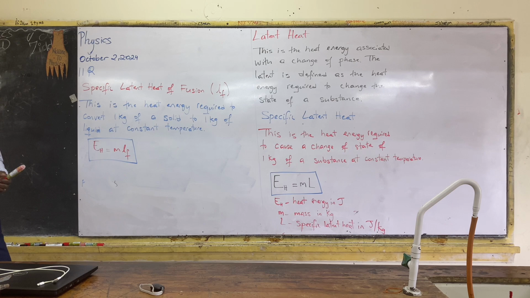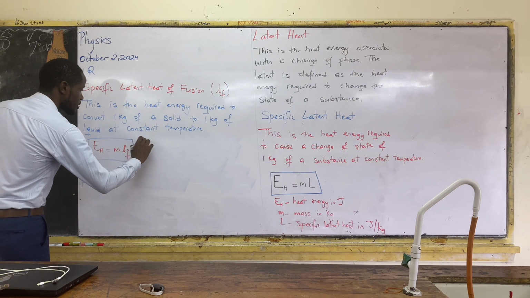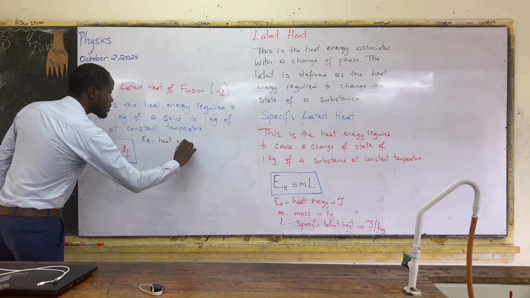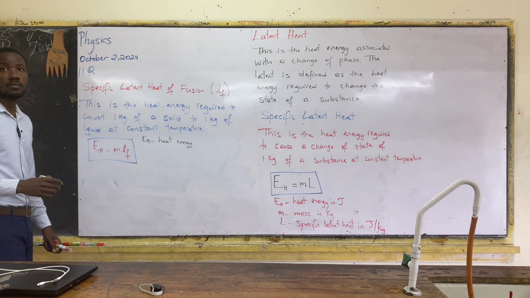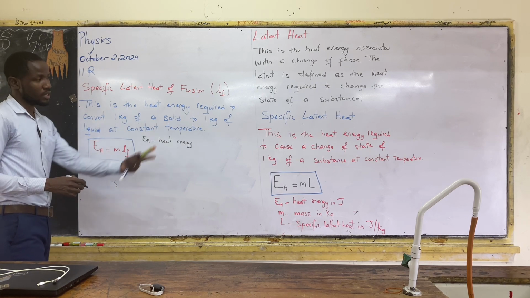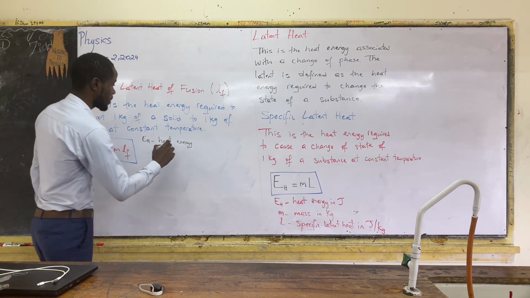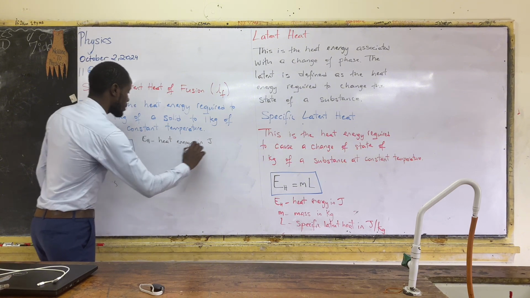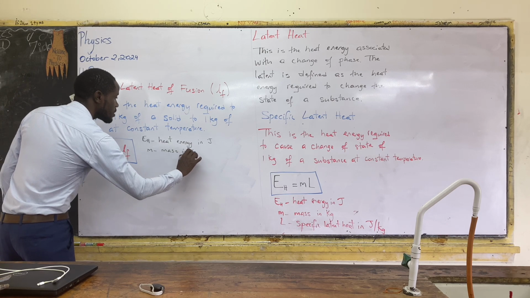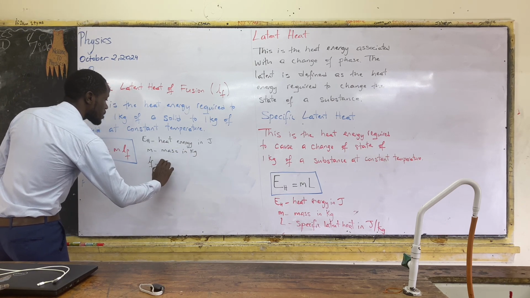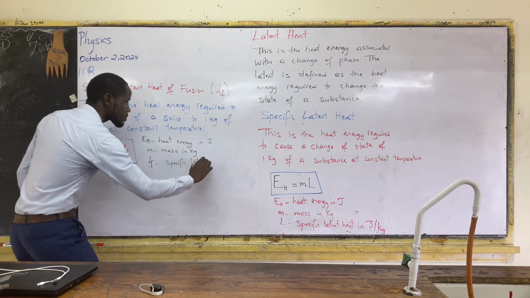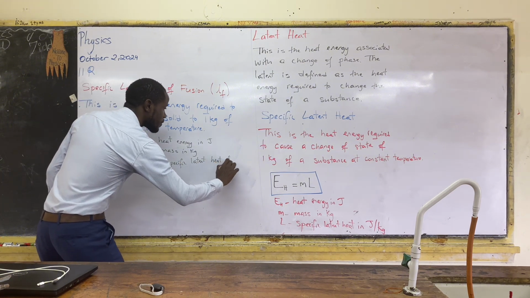And we can write this as EH is the heat energy in joule, M is the mass in kg, and LF is the specific latent heat of fusion.